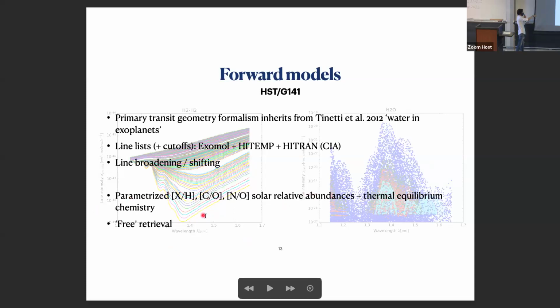So instead of taking those free parameters, transforming them into volume mixing ratios of your preferred molecule, water vapor, carbon dioxide, or whatever, you are trying to measure directly the volume mixing ratio of those absorbers without any tie to chemistry, which is extremely dangerous. You have to be very careful when you do that, but that is called free retrieval. So you have an independent measure of, let's say, CO, water vapor, CO2, and then you let the data tell you whatever you want.